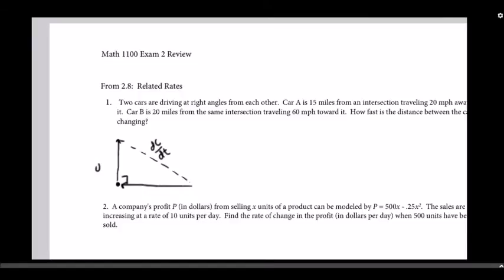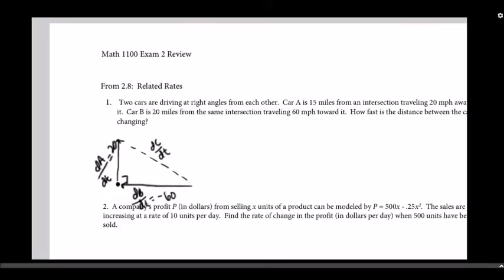So dA/dt equals 20. And then dB/dt: car B is traveling 60 miles per hour, but since it's going towards, it's going to be negative 60 miles per hour.